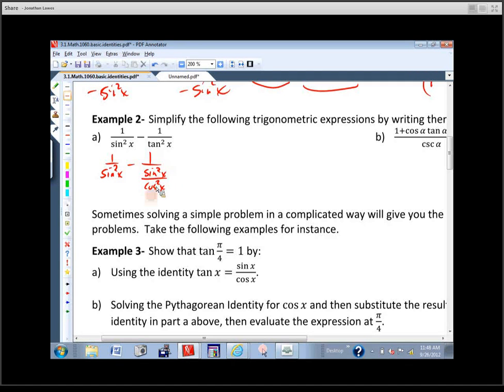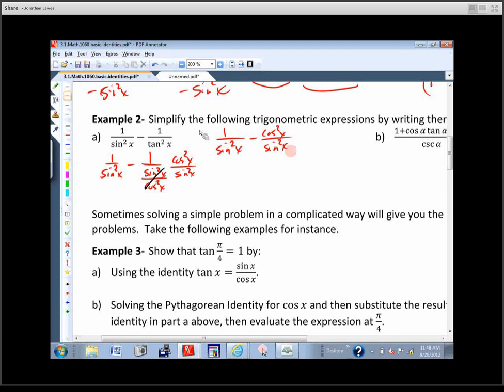I never divide by a fraction, so I'm going to flip it over and multiply. So this is going to be cosine squared on the top and sine squared on the bottom. So here's what I've got: 1 over sine squared of x minus cosine squared of x over sine squared of x.